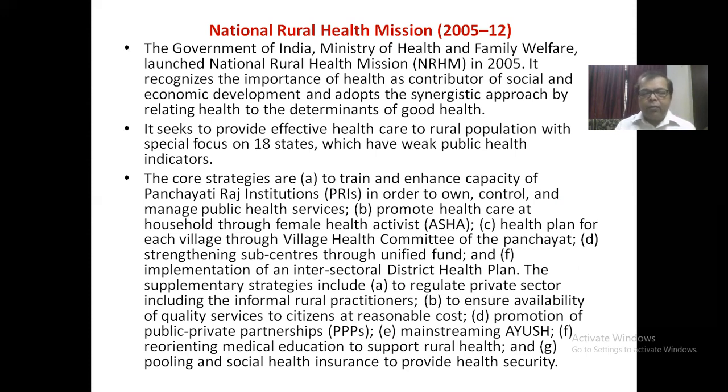And then there were some core strategies. I just want to read some of those core strategies because that will help us to understand the priorities. To train and enhance capacity of Panchayati Raj institutions in order to own, control, and manage public health services. Now, the word public health services is very categorically mentioned. So this is important, to train and enhance capacity of Panchayati Raj institutions.